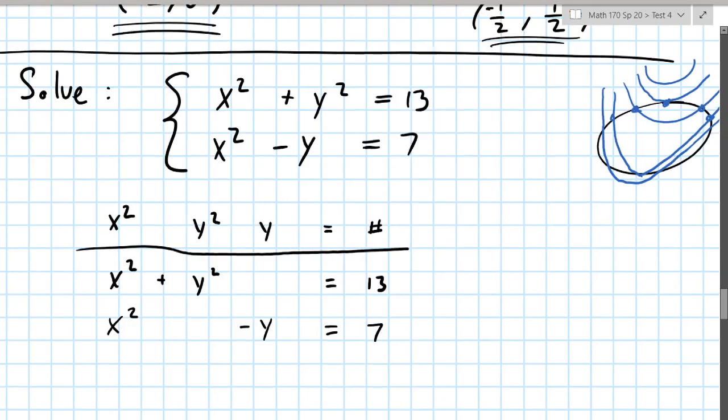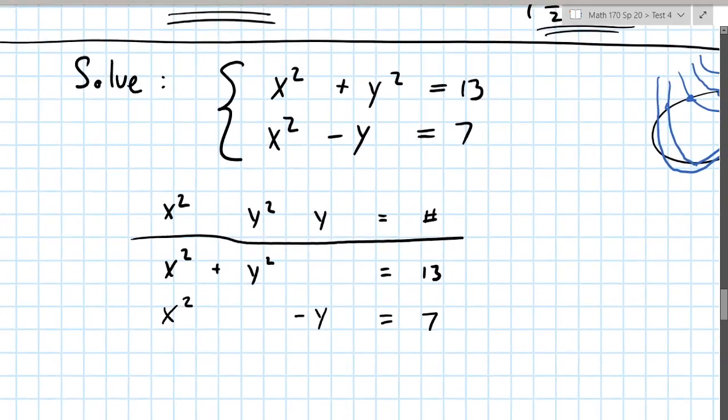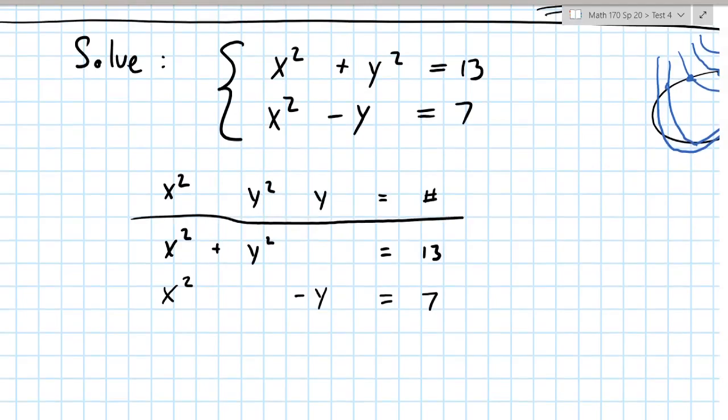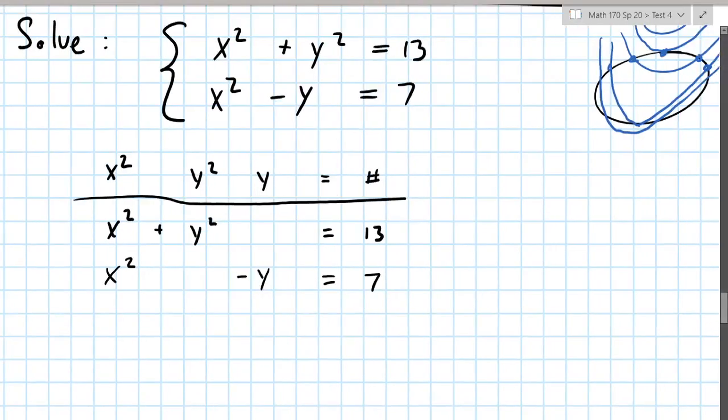I'm just going to solve this the way I did the last one, trying to match up the terms and eliminate something. So rewriting it with our terms, we've got x squared terms, y squared terms, y terms, and numbers. In our first one, we have x squareds, y squareds, and numbers. Our second one, we have x squareds, y's, and numbers.